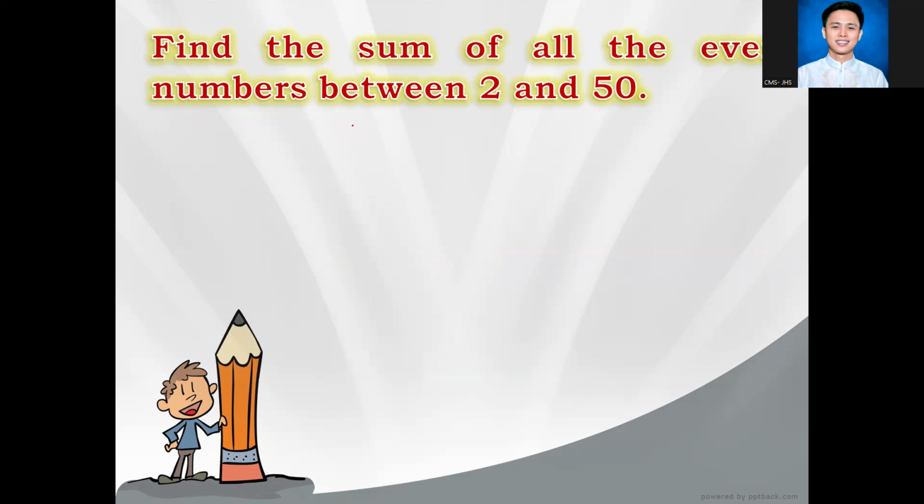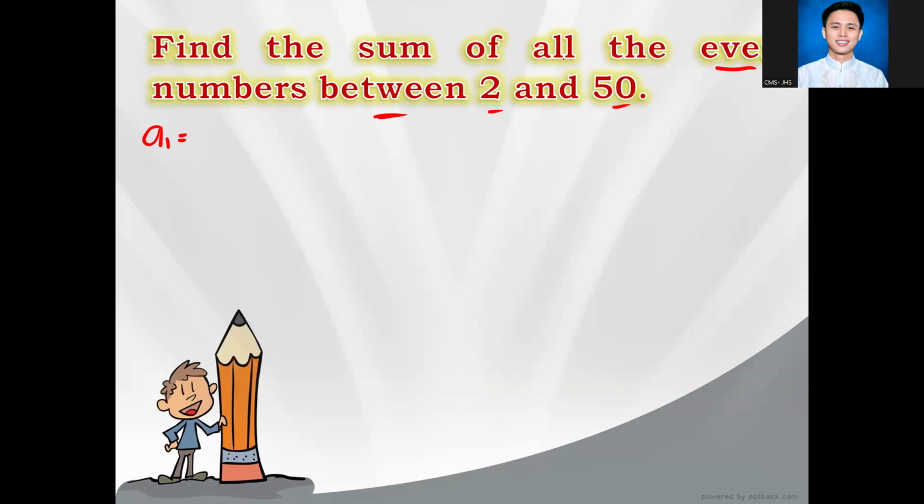Next example. Find the sum of all the even numbers between 2 and 50. Again, we are to look for the sum of all the even numbers between 2 and 50. So this is a different case from the first example because in this case, you need to analyze the given. So let's write all the given. A sub 1 stands for the first term, right? So in this case, when we say even number between 2 and 50, what is the first even number between 2 and 50?